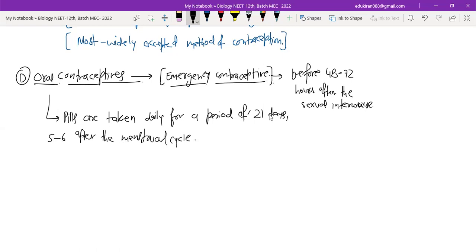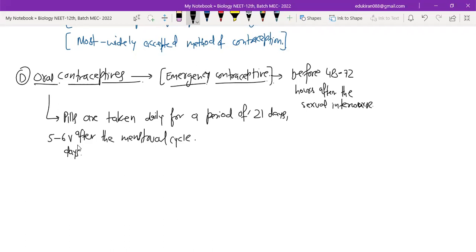Now, the total menstrual cycle is 28 days, right? And you have to take it for 21 days, starting 5 or 6 days after it begins. Because in the initial 5 or 6 days, anyway, there cannot be fertilization, correct? Everything is bleeding out, right?